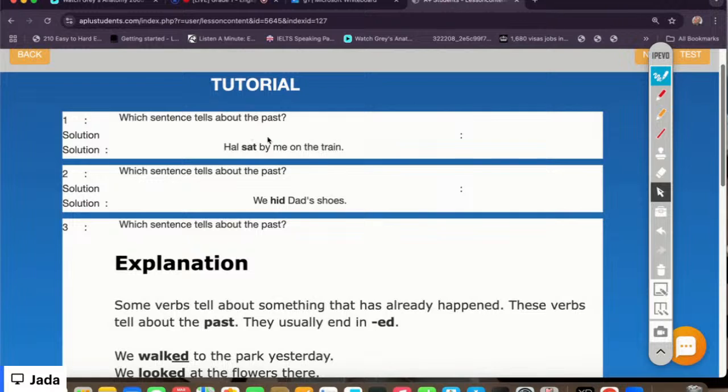All right, so which sentence tells about the past? Hal sat by me on the train. So sat here is an irregular past of sits, okay?